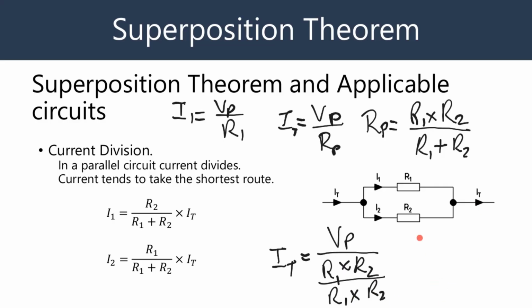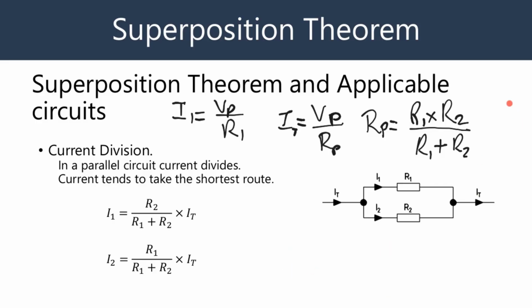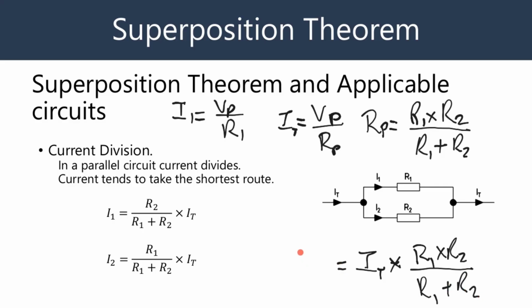Now if I want to calculate V parallel, I'm going to multiply that by your R parallel, which is going to take very, very long, so I'm going to quickly put it on the side here. It would then be I total times R1 times R2 over R1 plus R2, which will equal V parallel.